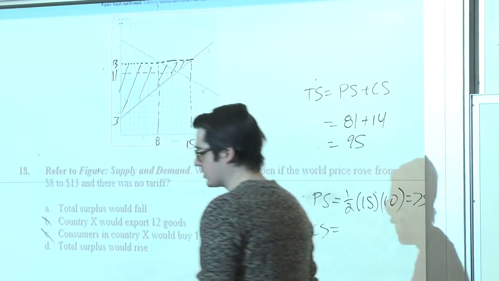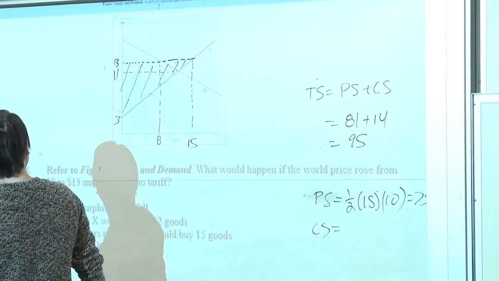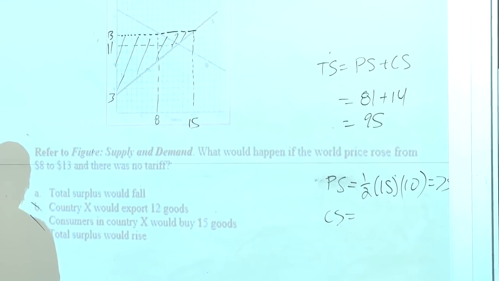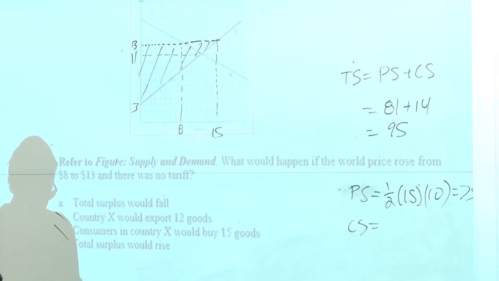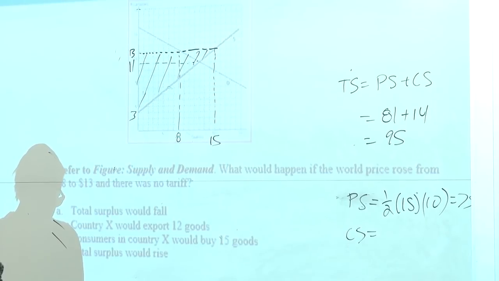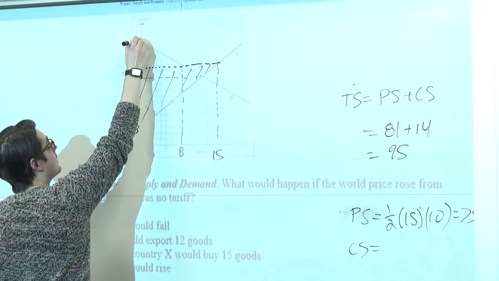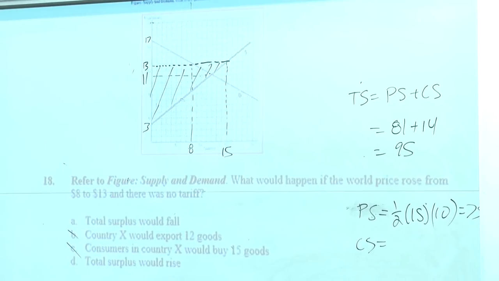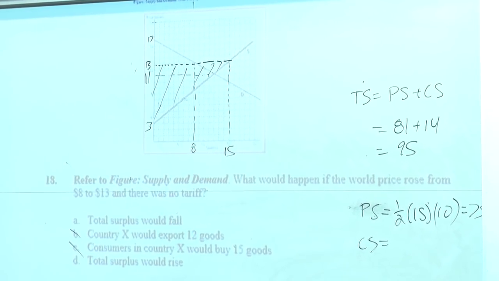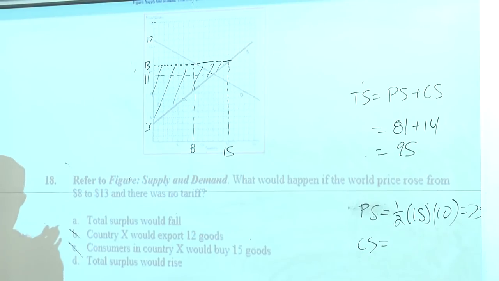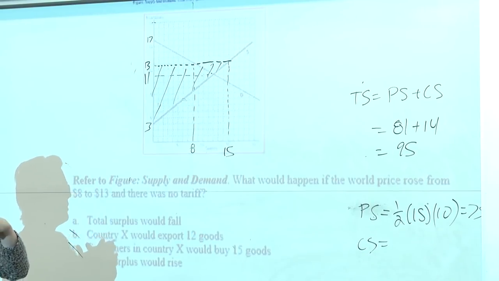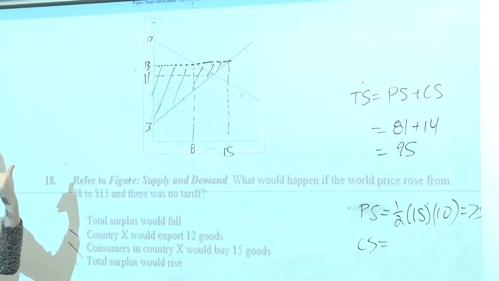Okay, what about our consumer surplus? What was that top number there? 17. Okay, consumer surplus, the area below the demand curve and above the price. So what is that going to be for us here?